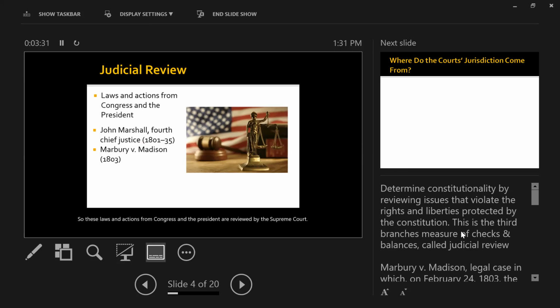Again, in judicial review, the laws and actions from the Congress and the president are reviewed by the Supreme Court to determine if they are constitutional.